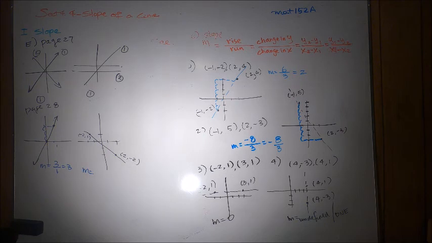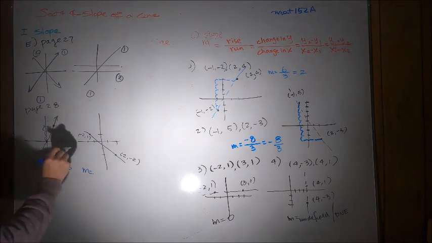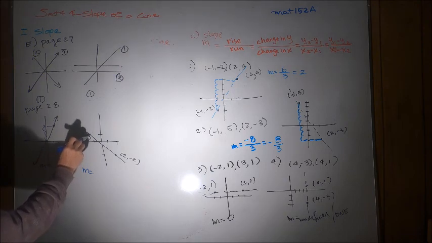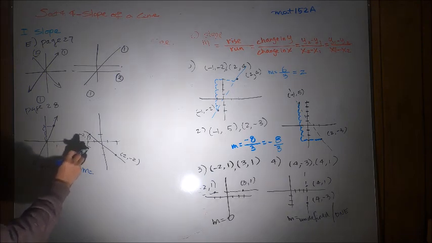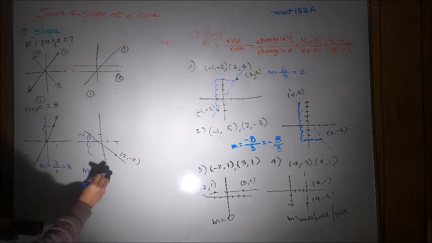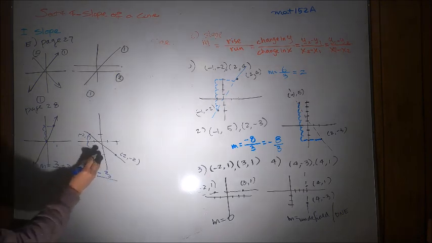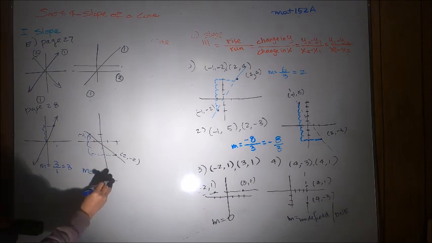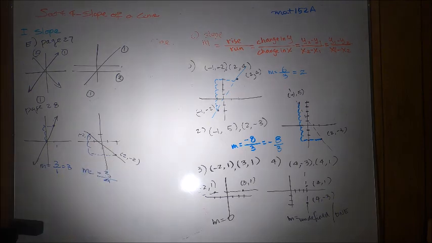The slope is negative, right? So that's C. It comes down how many steps? So 1, 2, 3, right? Run over how many steps? 1, 2, 3, 4. So it's negative 3/4, right?